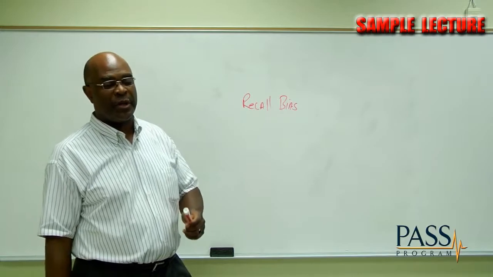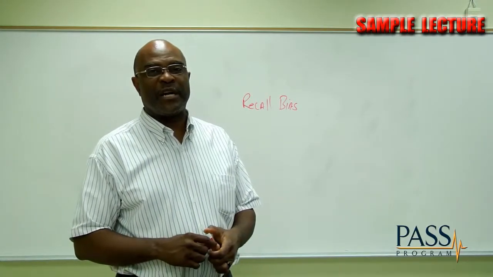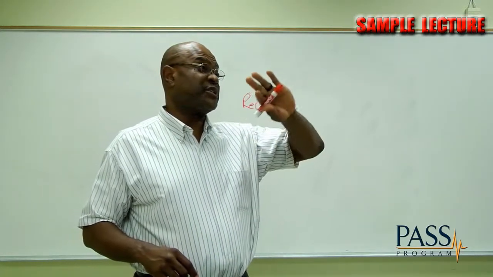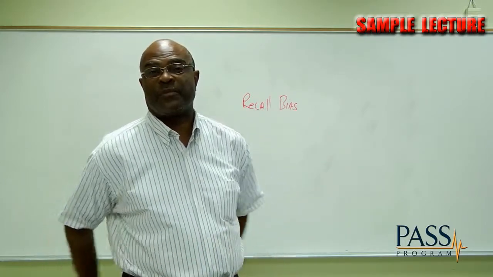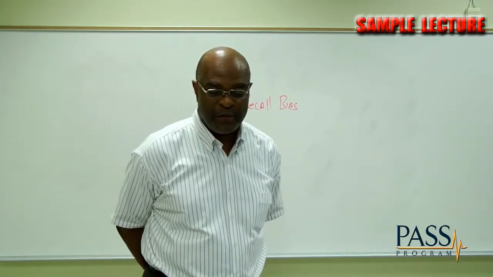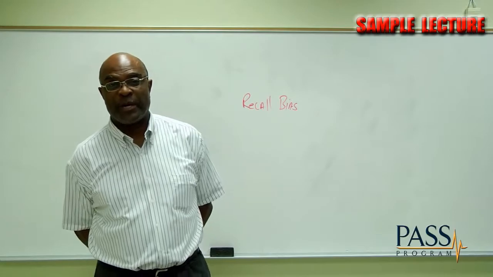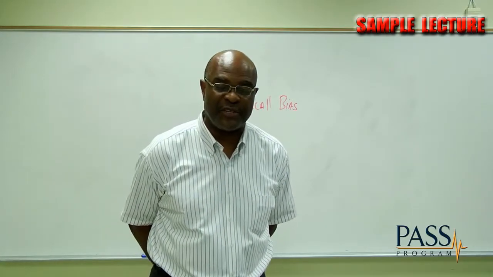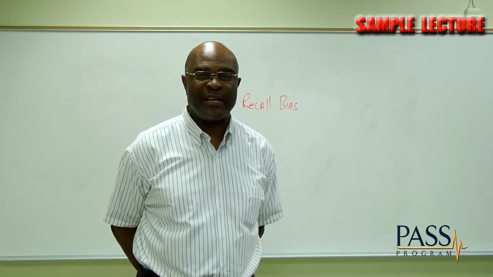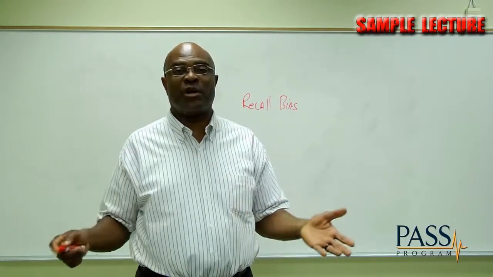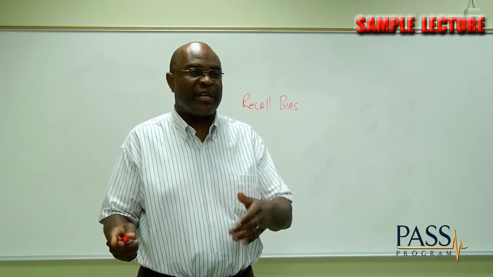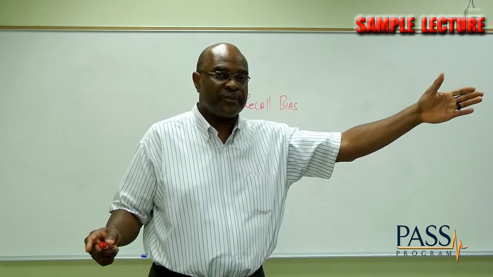Now when you're doing a retrospective study, you could just be asking questions to figure out the prevalence of something from the past. However, if you have a group of people who already have the disease, they have a case, and therefore we call it a case control. So a case control study is retrospective in nature.